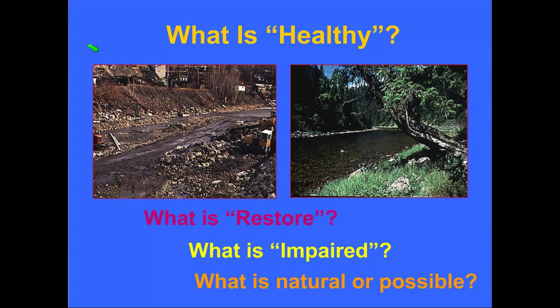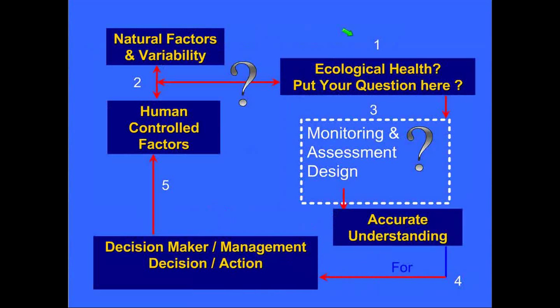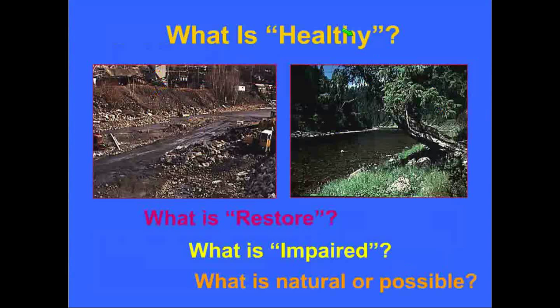So the invitation I give you here is that it's just the next thing. If you can define what healthy is or restore is or whatever those vague terms are back here in your question, then you have something to measure. And I guarantee you when you monitor, more questions are going to come up than you have answers for. But if you can say healthy is, maybe it's an MBI index, or maybe it's dissolved oxygen at this concentration for this period of time in this season.